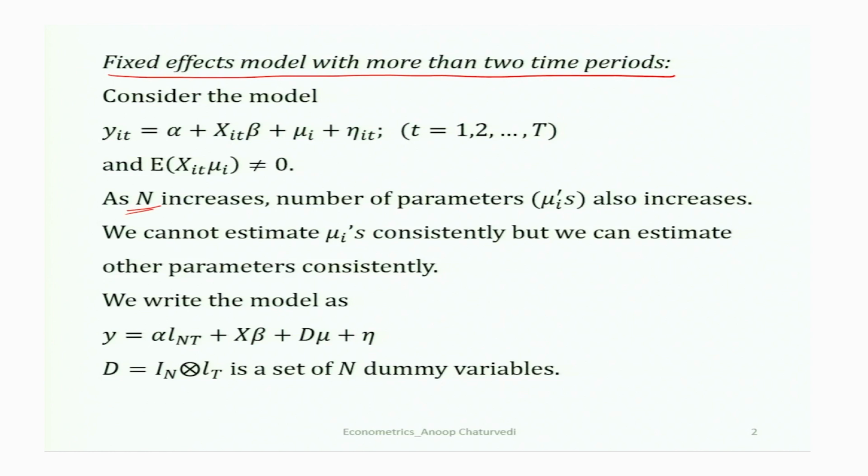So it means you have a large number of parameters mu_i. Now, we cannot estimate the mu_i's consistently, but we can estimate the other parameters consistently.